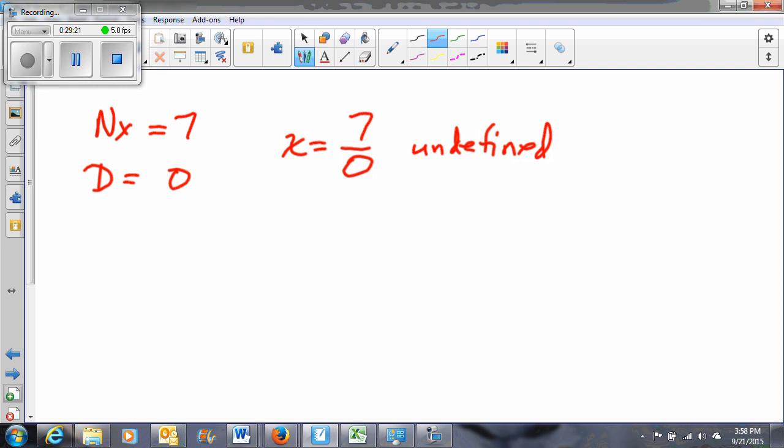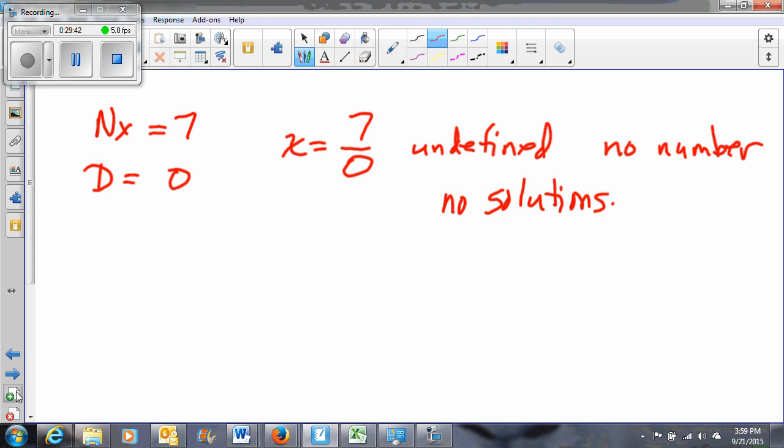But anyway, there is no number that is 7 divided by 0. So if you get a Cramer's rule where you've got a non-zero number on the top and a 0 on the bottom, there are no solutions.